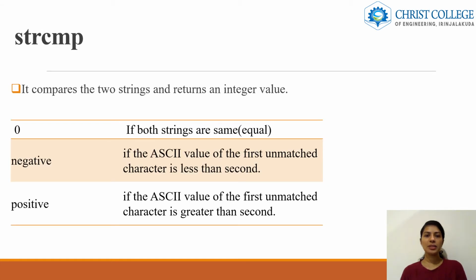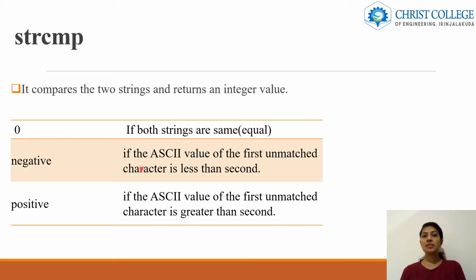Let's see the next inbuilt function, strcmp. The strcmp function compares two strings and it returns an integer value. And these are the possible values returned by the strcmp function. If we are giving two strings which are equal as arguments of this strcmp function, the output will be 0.